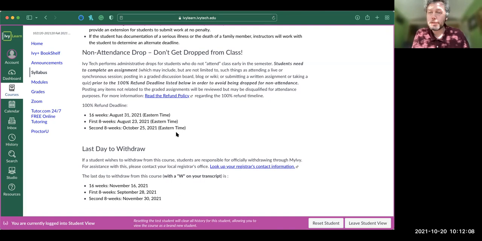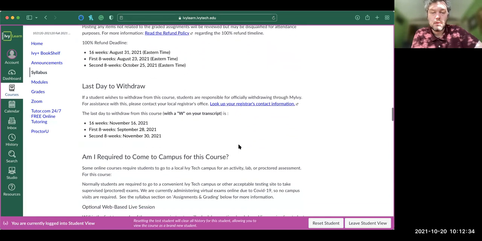So if things are due 11:59 p.m. Eastern Standard Time, you will need to convert that to whatever your local time is. I would assume that the majority are in Indiana, since this is an Indiana college, but you are the one in charge of keeping track of that. I cannot do that for you.